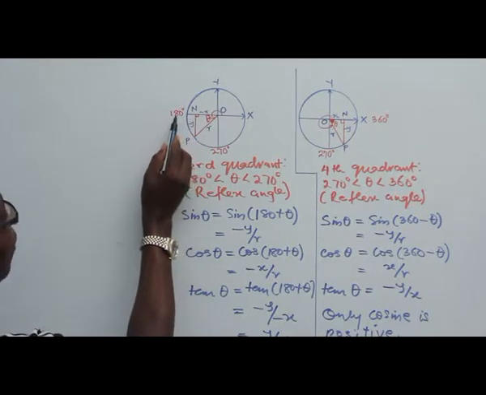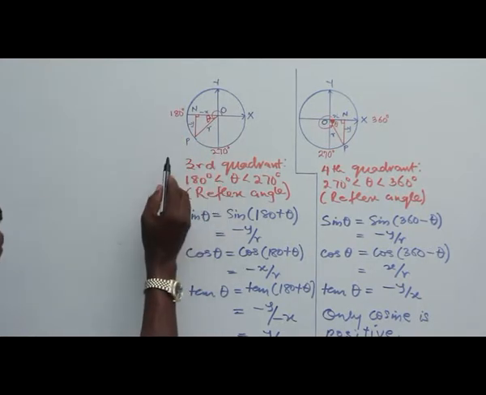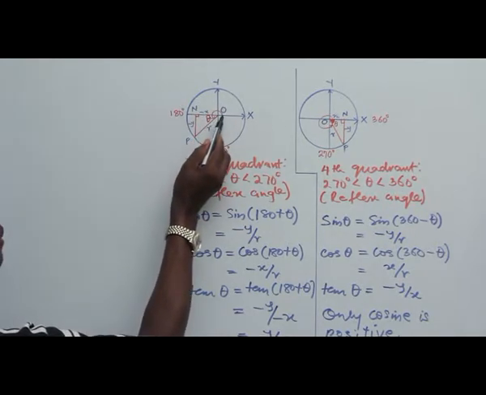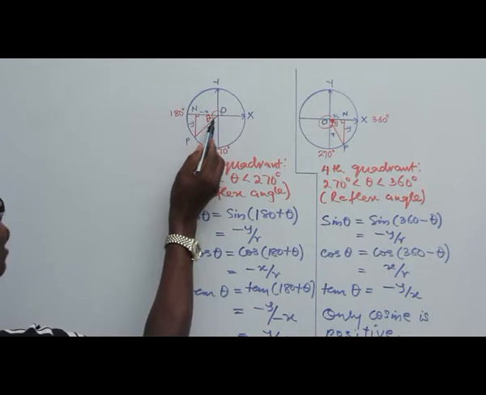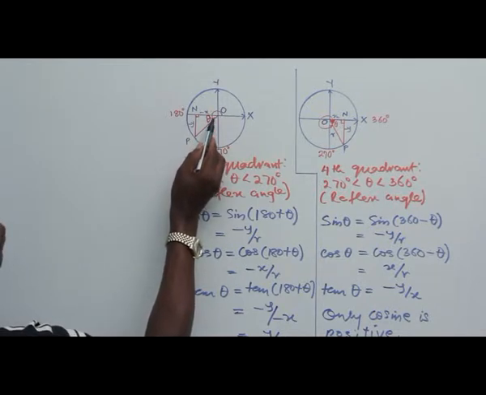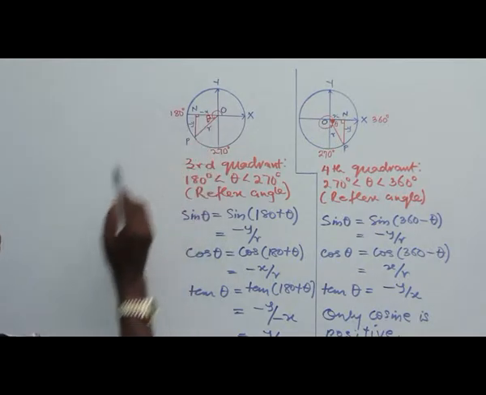Now, it is lying between 180 degrees and 270 degrees. This arc indicates that it has rotated to this point, our theta, which means we have moved from 180 plus another value. So let us call this our theta.